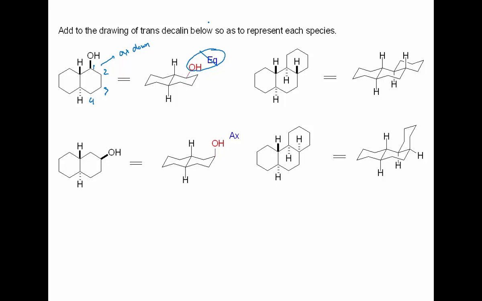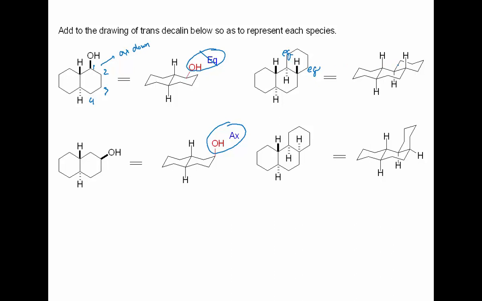It's still up. This means that it has to be axial. Right, this compound here means that this one has to be equatorial, and this CH2 has to be equatorial, because again, it's up. CH2 is up here. It's where hydrogen is not, therefore it's up. And it's down at carbon 2.